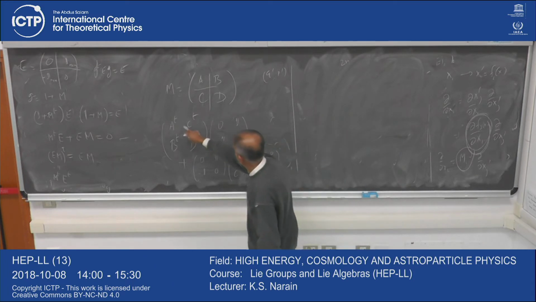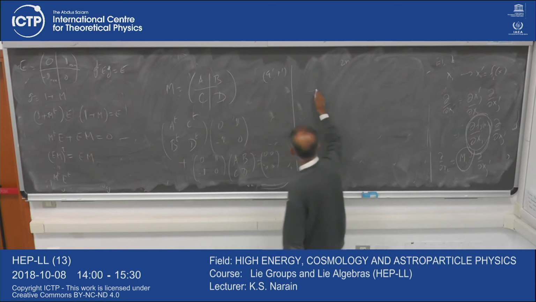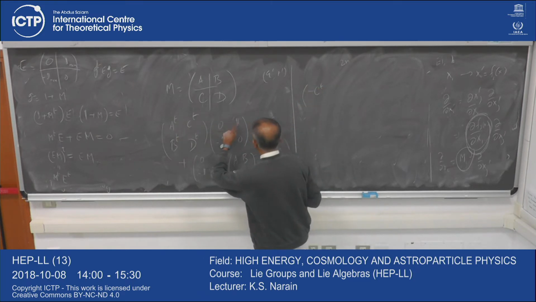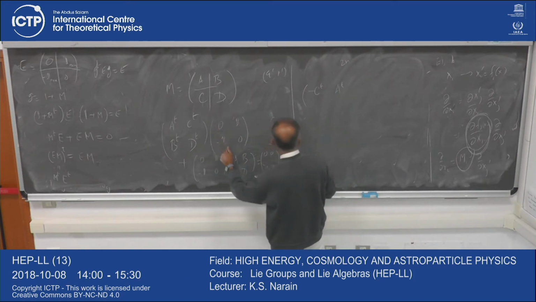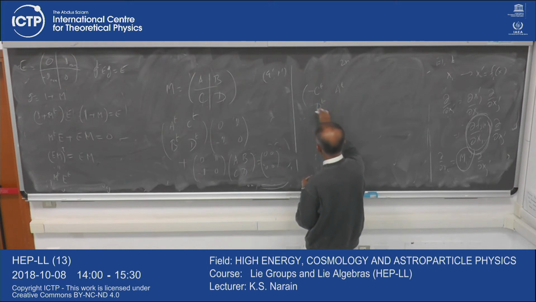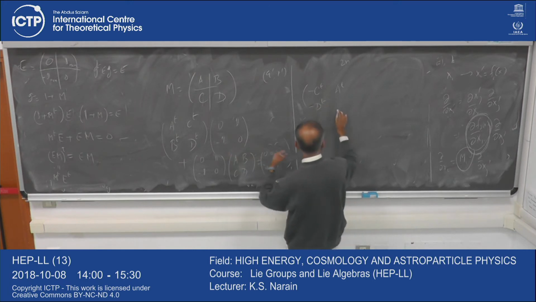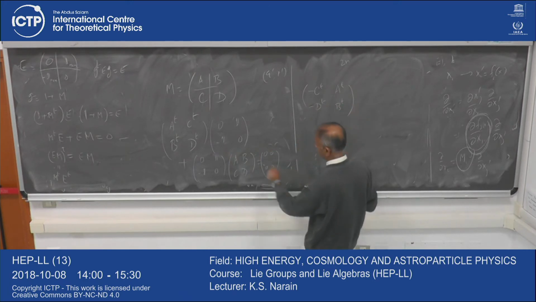So let's multiply the first term. You get here minus C transpose, right? That's the first term here. Then this with that gives me A transpose. And this with this gives me minus D transpose. And that one gives me B transpose. That's the first term.